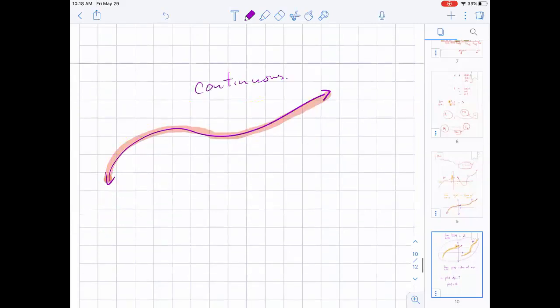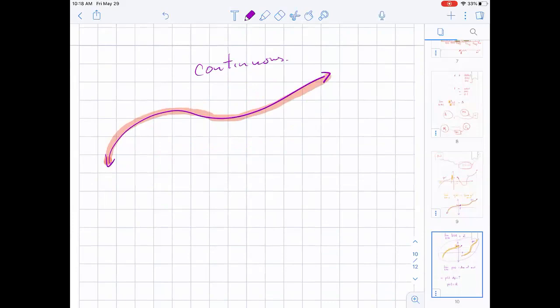On the other hand, if I have this graph here, and I try to do this, there's a problem. If I start here and I go, I didn't reach the end of the graph, right? I have to raise my pen up, put it back down here, and then start again and continue.